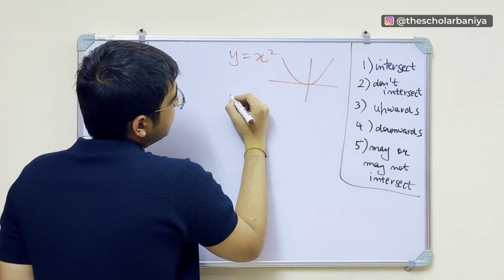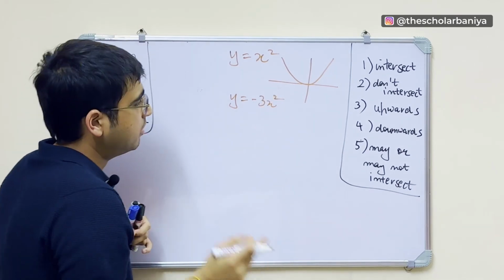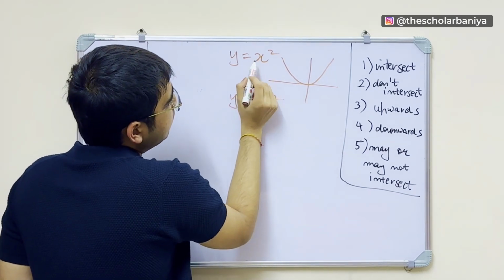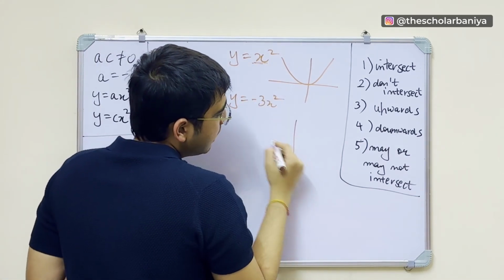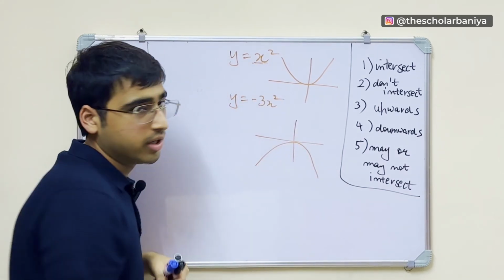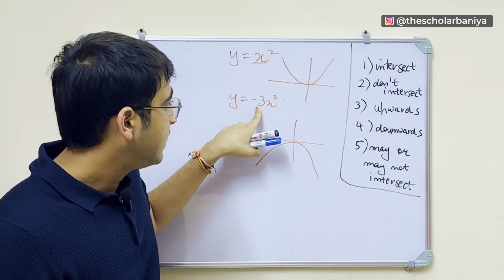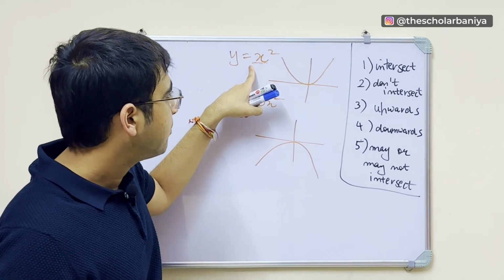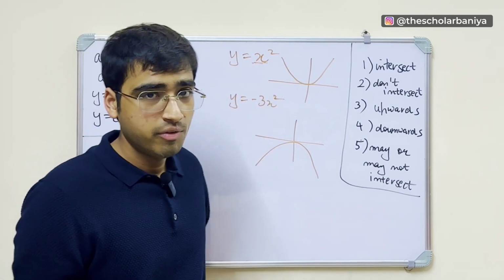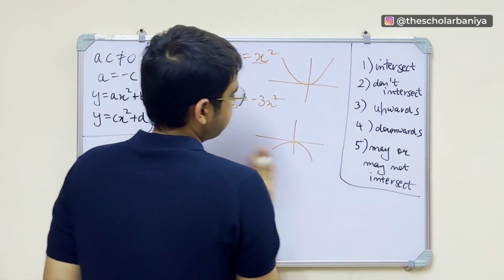And if we have, for example, y equals minus 3x square, then the parabola will be facing downwards. So if we have a negative coefficient over here, the parabola will face downwards. If we have a positive coefficient, the parabola will face upwards. This is one thing which should be very clear.